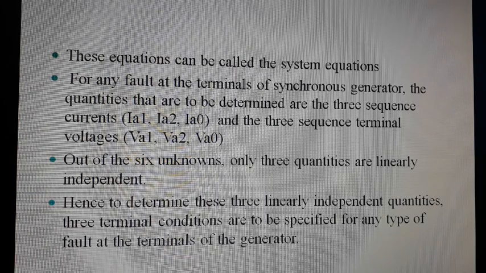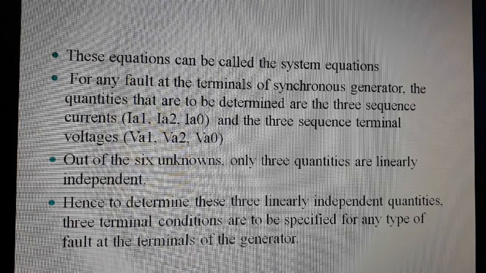The quantities Ia1, Ia2, Ia0, and Va1, Va2 and Va0 are 6 unknown quantities. Out of these 6 unknowns, 3 quantities are linearly independent, and in order to determine them we have to specify the terminal equations for the generator for different types of faults.